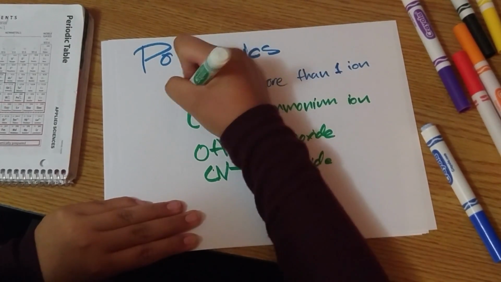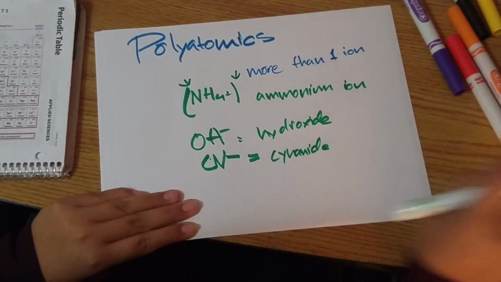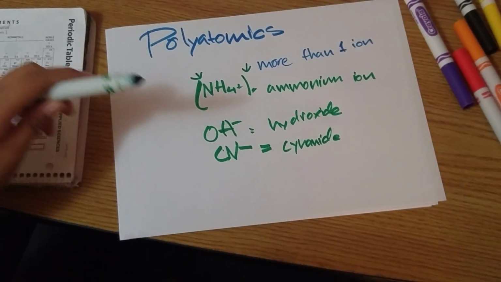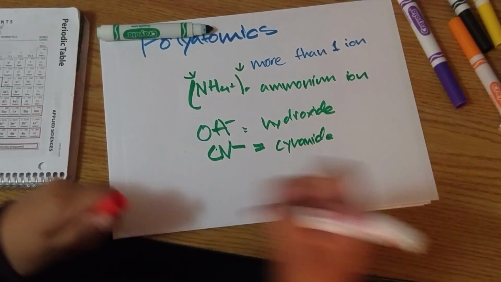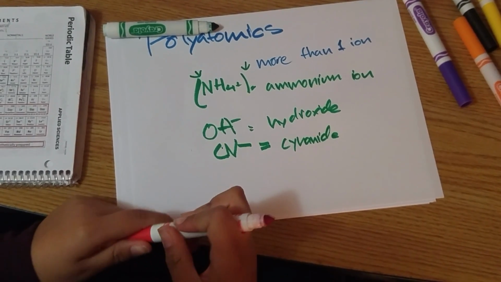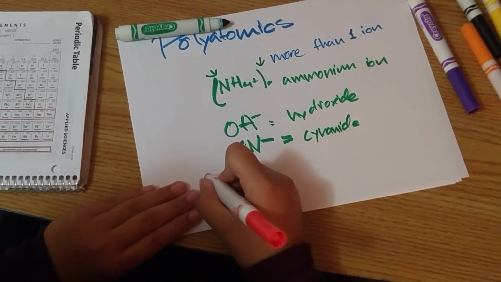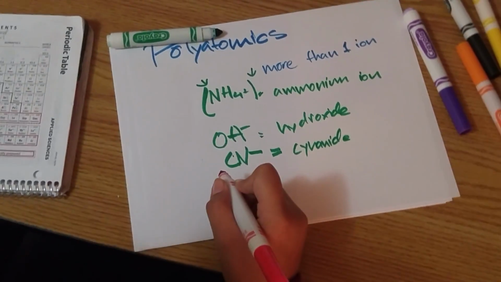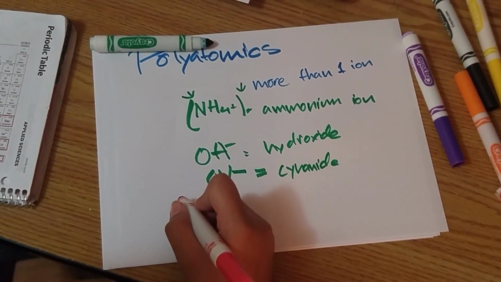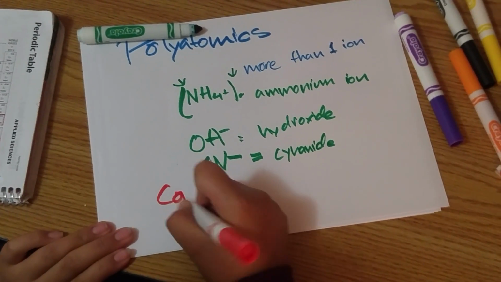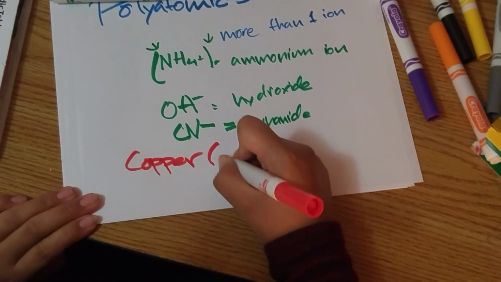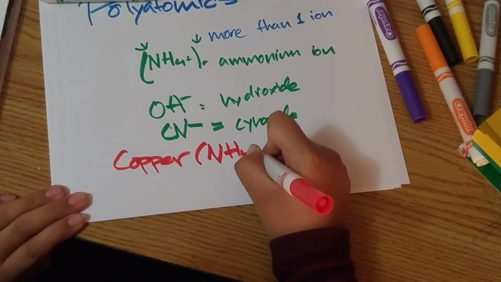These parentheses right here are only added when you'll need to add another number besides the given one. Like right here, let's say we had copper, and then we have NH4+, which is our polyatomic.